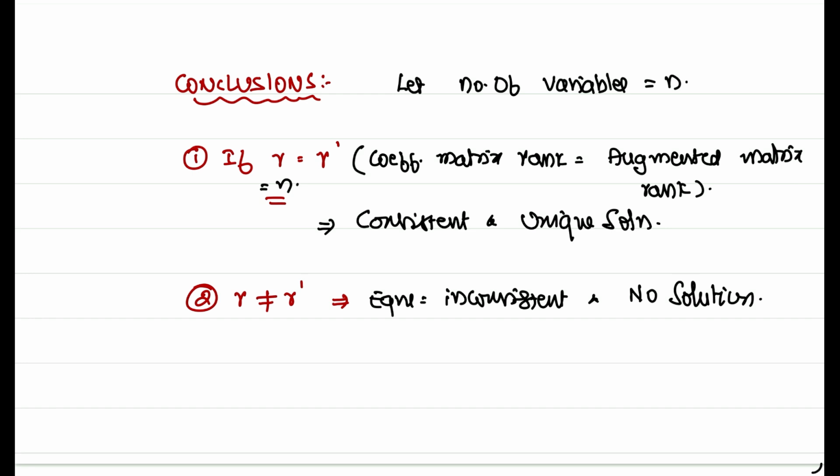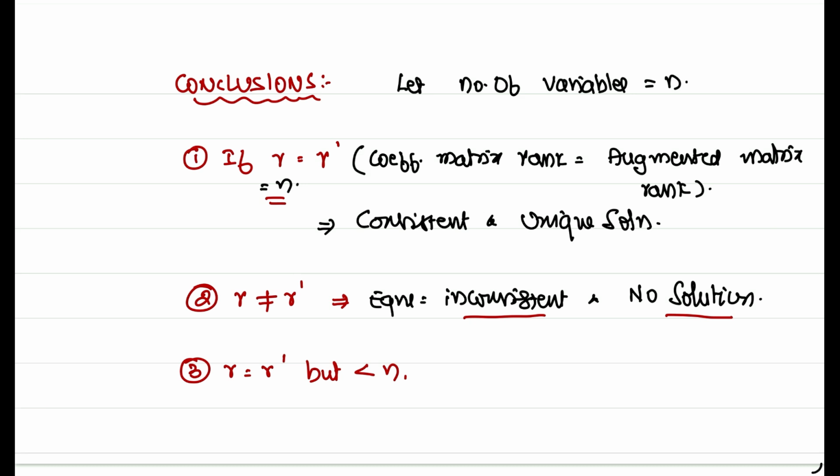If rank is not equal to R dash, equations are inconsistent and there is no solution. If R is equal to R dash, but it is not equal to, or we can say less than, n, the number of variables.